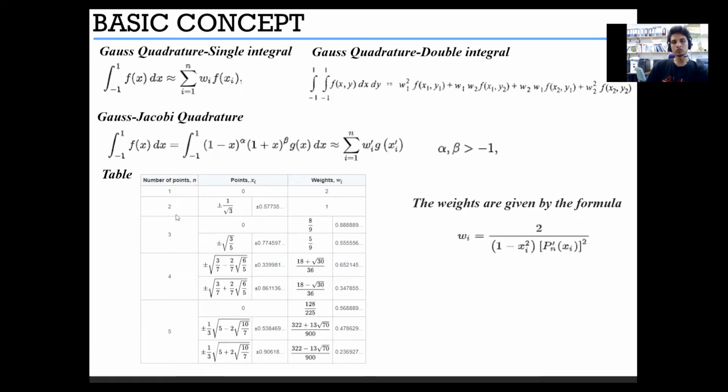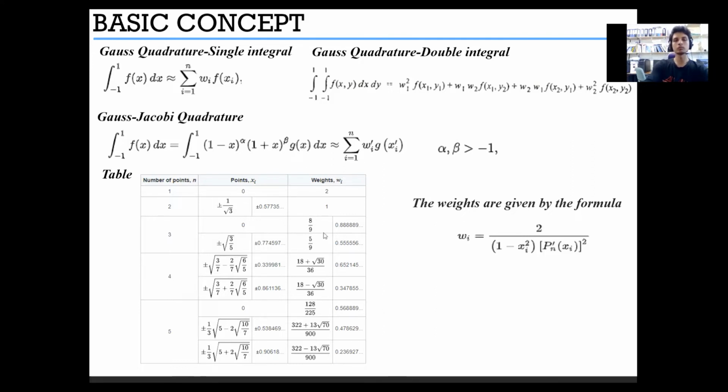If n is equal to 2, then x will have two values, that will be +1/√3 and -1/√3, and in that case w will be 1 and 1. For n equal to 3, there will be three x values, and the w's are w1, w2, and w3.